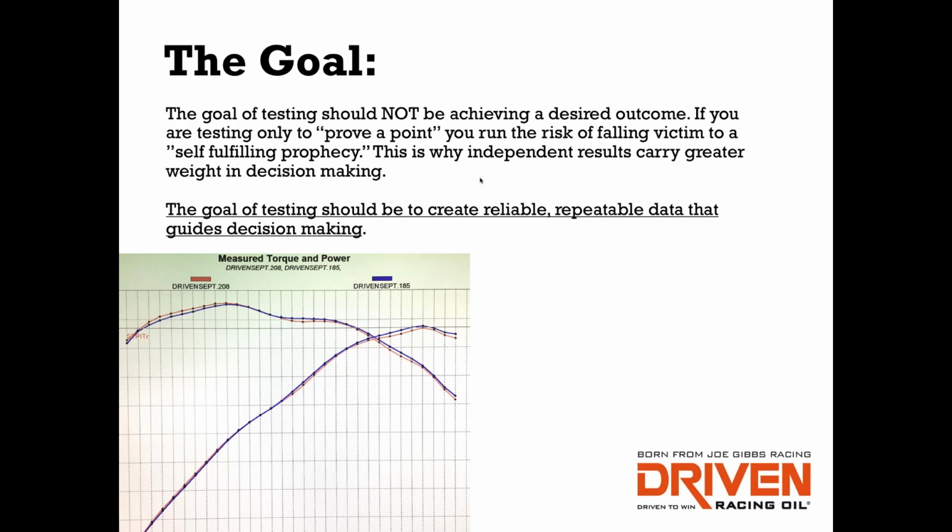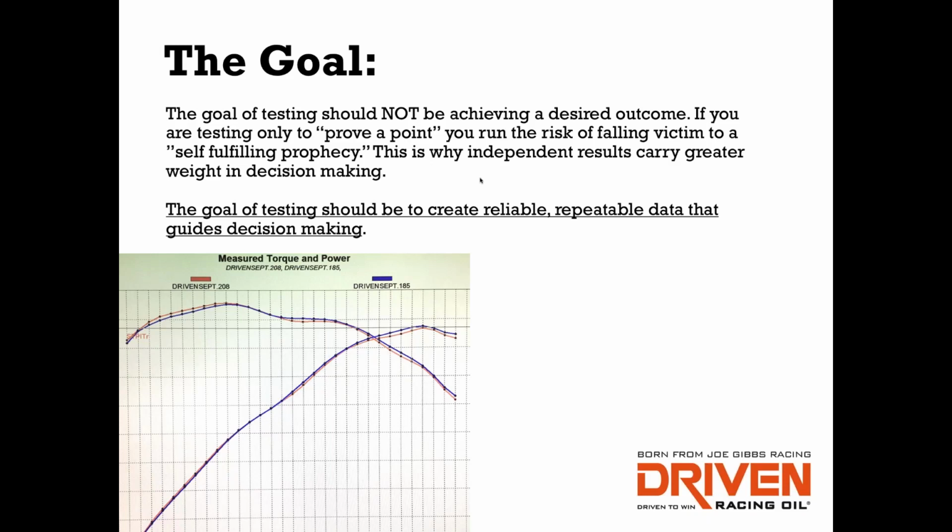As you can see in the dyno graph in the corner down there, from run 185 in September of this year to run 208 in September of this year, that's the variance on the same engine with the same oil and the same conditions. Everything is really, really close. That's good, reliable, repeatable data.